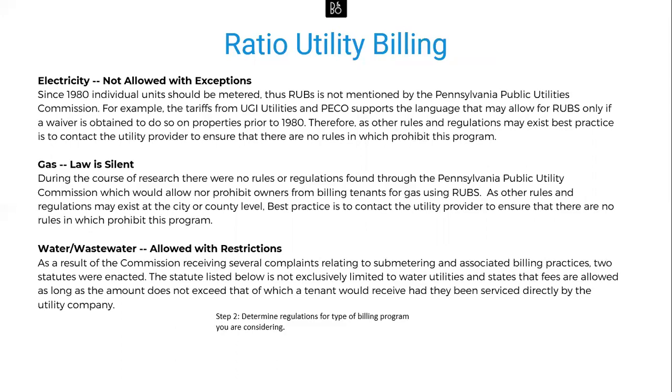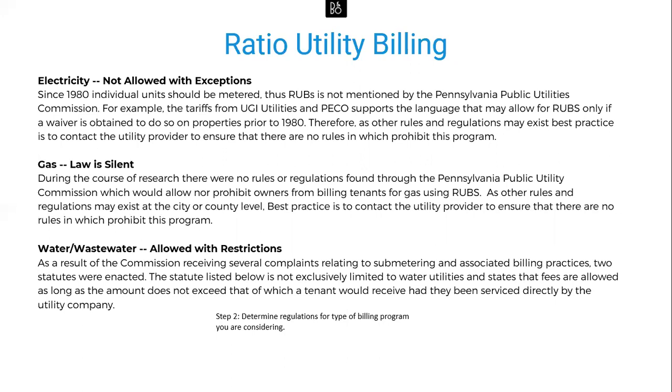For gas, there's not much regulation on gas. Essentially, the law is silent, but it's a really good idea to call your gas provider and see if they have any specific regs for your property. It's an easy phone call to make, and it's worth doing.